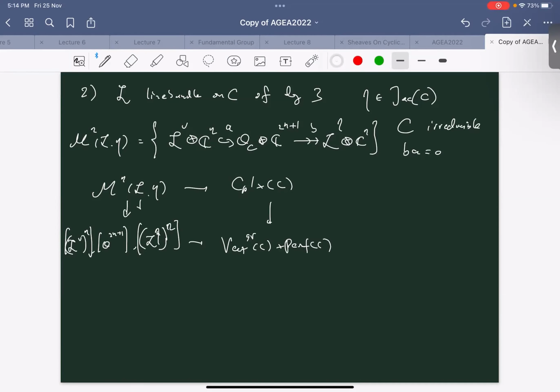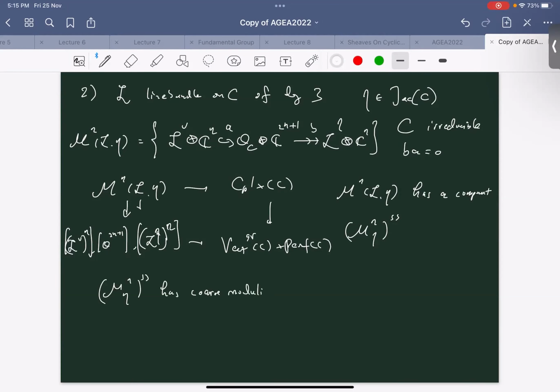Now I want to comment that indeed this stack is quite big. To simplify it, you can use a GIT construction. Then it will have an open and closed component, which I denote by M_n^eta semi-stable.